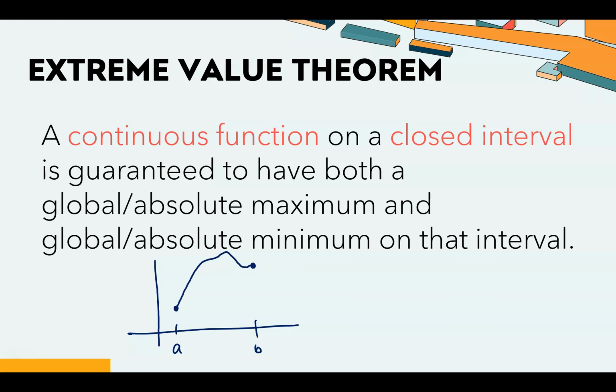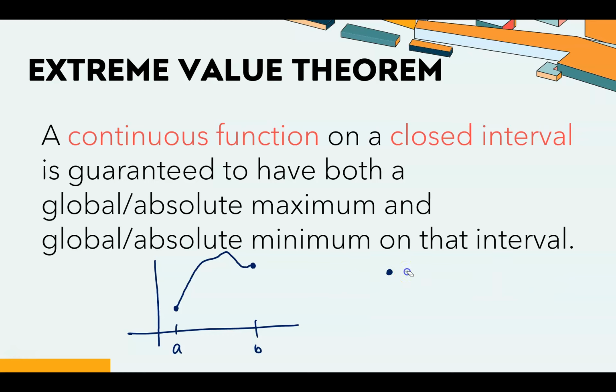I mean, it could have a tie, like, say sine of x on 0 to 4 pi has a maximum of 1, which occurs at pi halves and 5 pi halves.